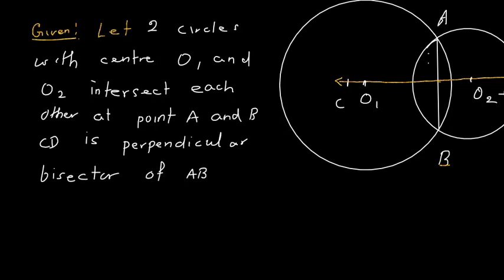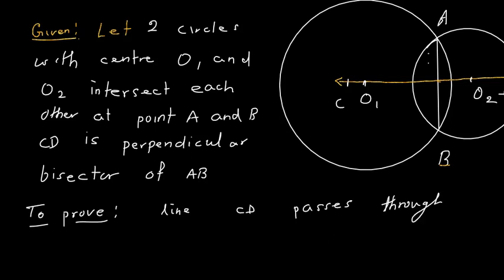Okay, I have drawn CD as the perpendicular bisector of AB. Now I will write to prove. Now I have to prove that line CD passes through O1 and O2. This perpendicular bisector, it passes through center O1 and O2. This I have to prove.